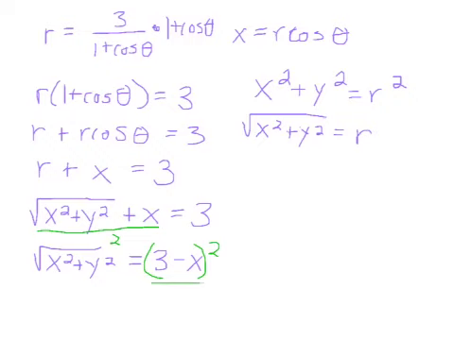It would be much better to FOIL 3 minus x than it would be to FOIL the square root of x squared plus y squared plus x. So if I square both sides, I end up with x squared plus y squared equals 9 minus 6x plus x squared.